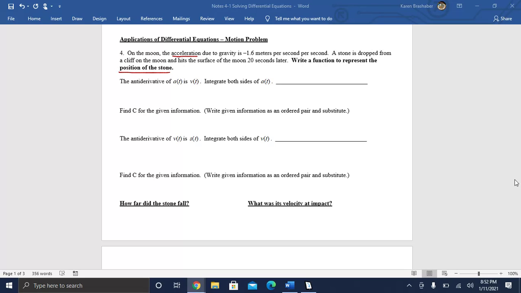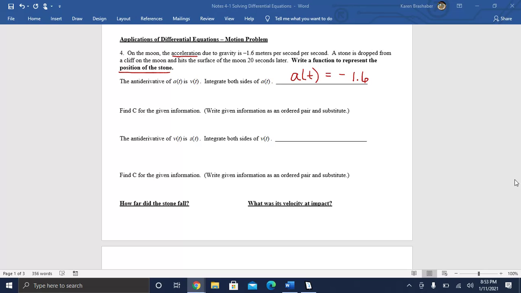So we want to go from acceleration to position. Well, so we'll start with what we know, and that is that our acceleration, a of t, is equal to negative 1.6. And the antiderivative of acceleration is velocity.